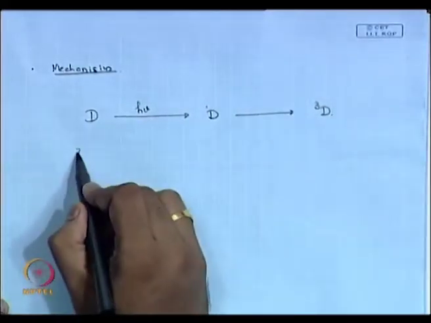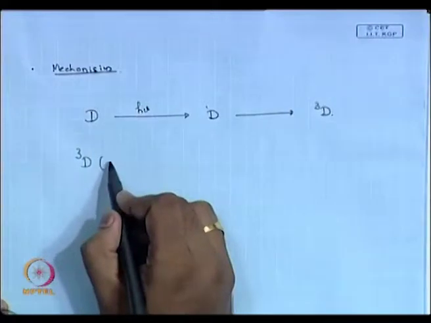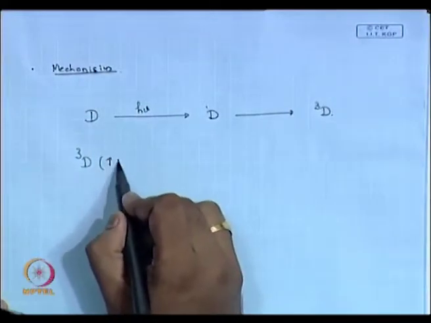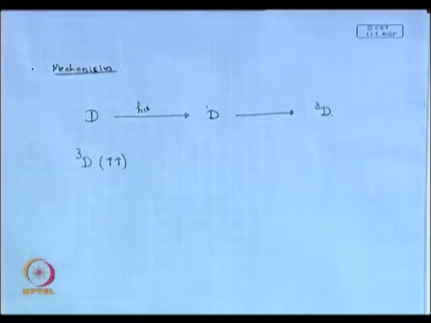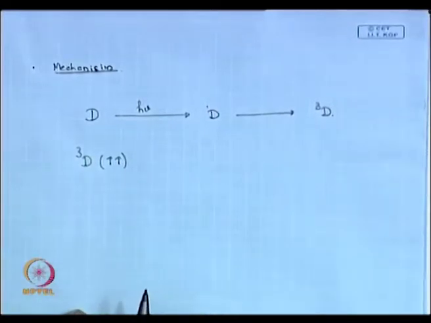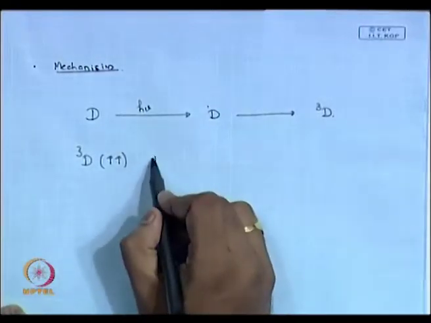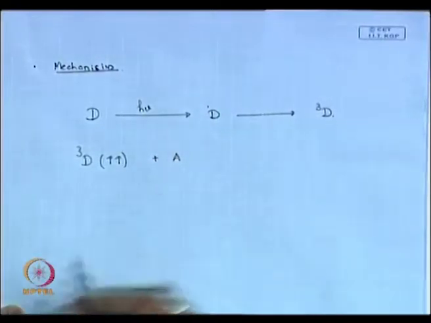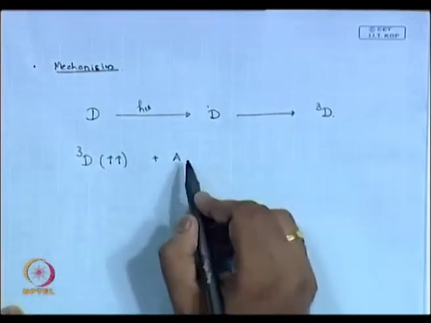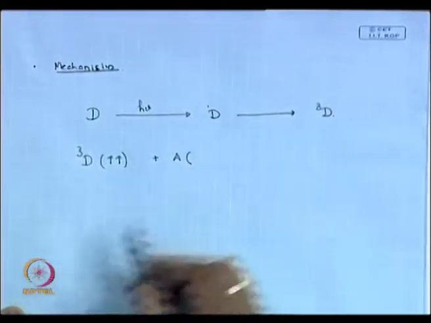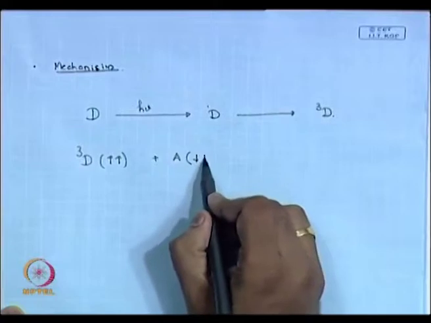Now, if I say in triplet my donor electrons should be looking like this, right, because it is triplet state. So, the electrons look like this in this state. Now, I have my acceptor molecule, the acceptor is in the ground state, okay. So, it should be mostly singlet.